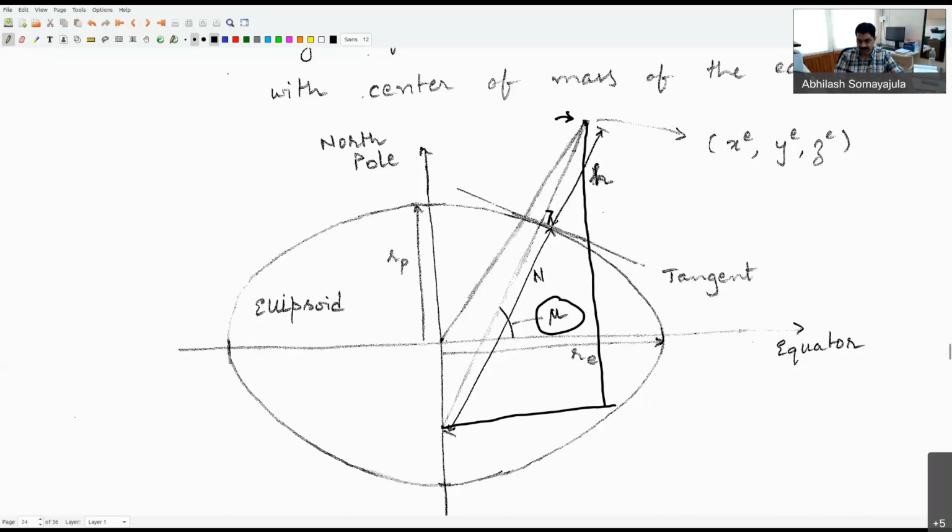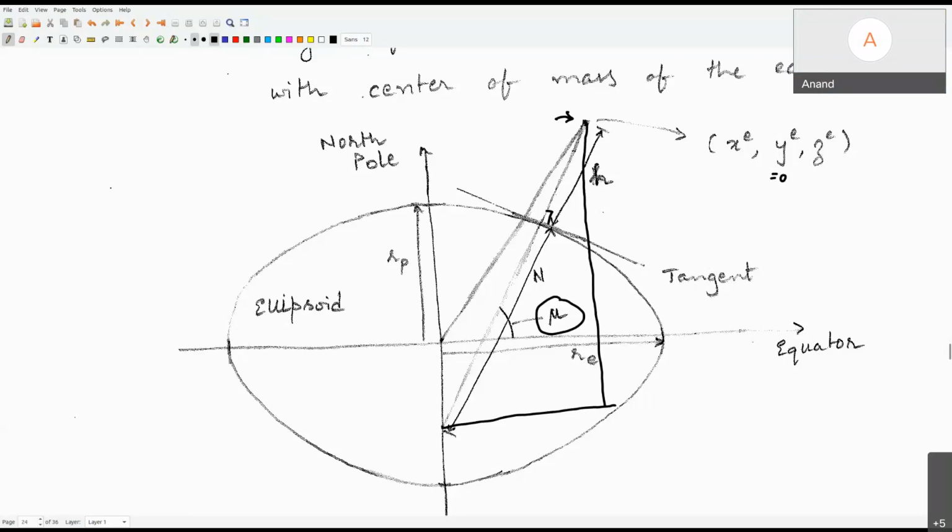So let us say, for example, that y_e was 0, which means that it was actually pointing towards the Greenwich meridian. So my point was actually along the Greenwich meridian. Is that making sense? Yes, sir. Okay.